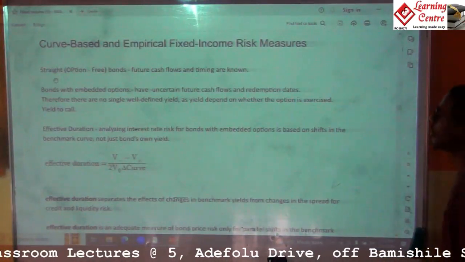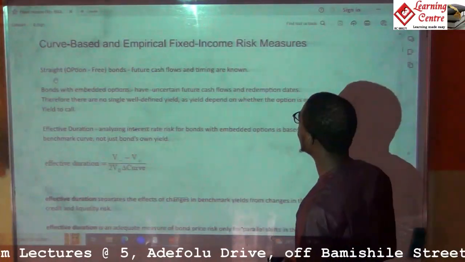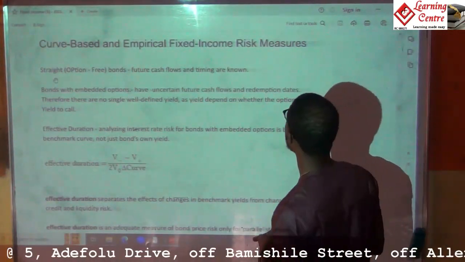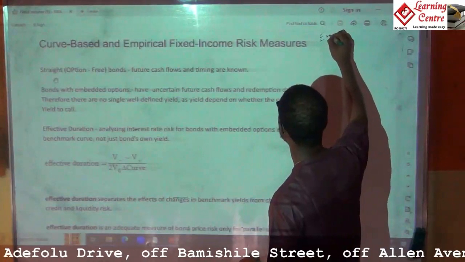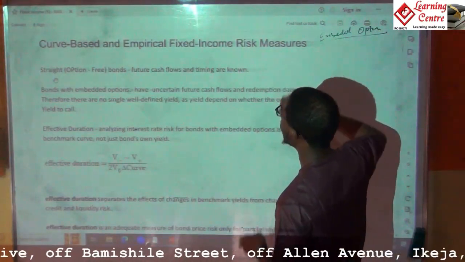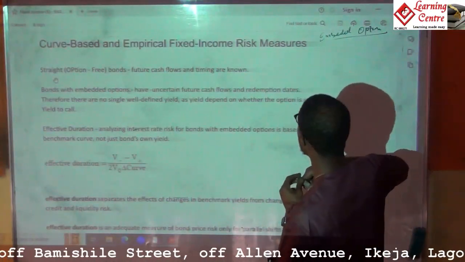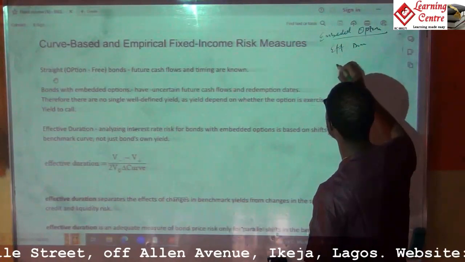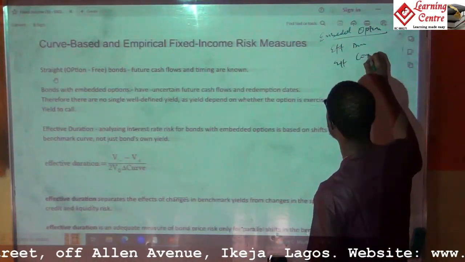Let's move on. We are trying to look at bonds with options, bonds with embedded options. And when we get to bonds with embedded options, we are going to be doing things like effective duration and effective convexity.